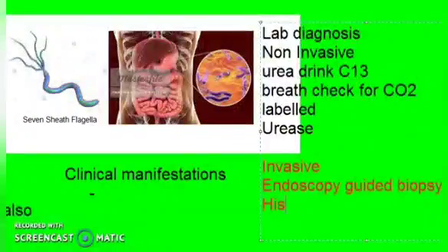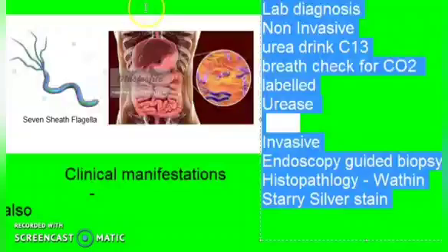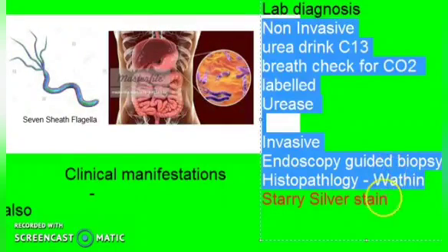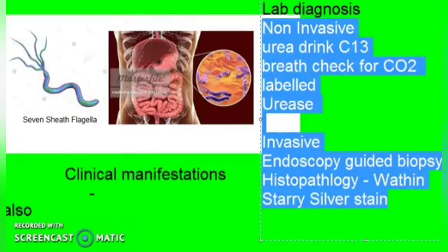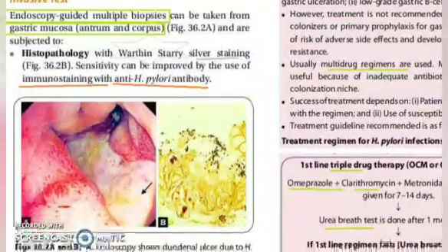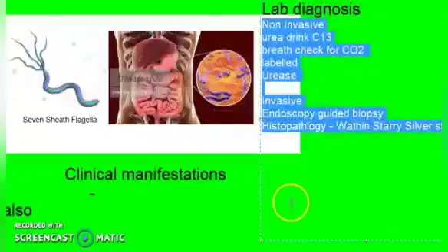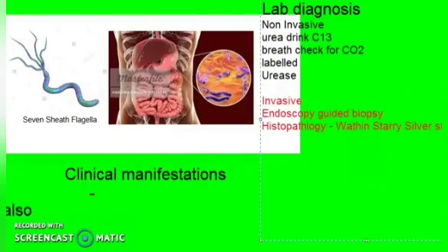Then you will do histopathology. You will use Warthin-Starry silver stain, yes, and you will see black. What will you see here? Black curved rods, correct? Black curved rods you will see.